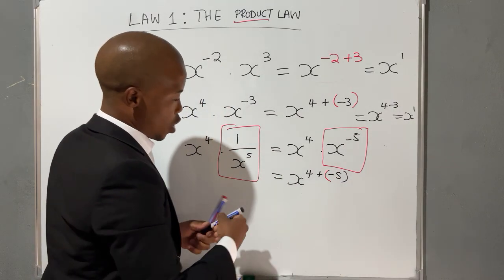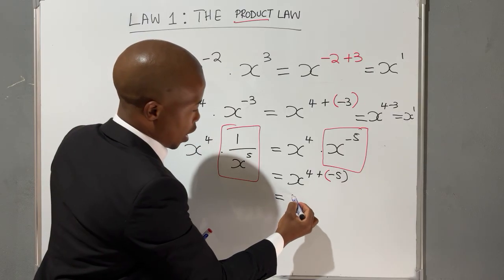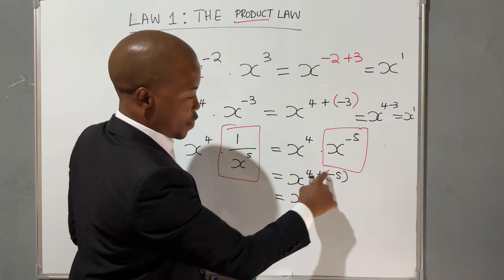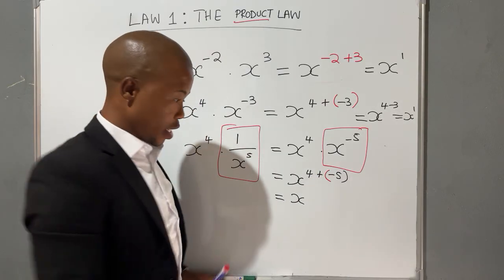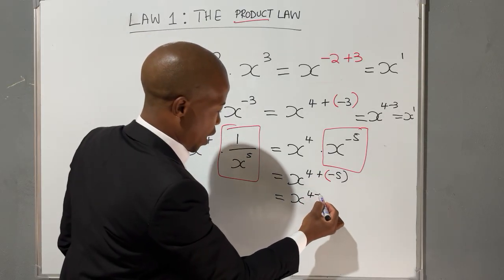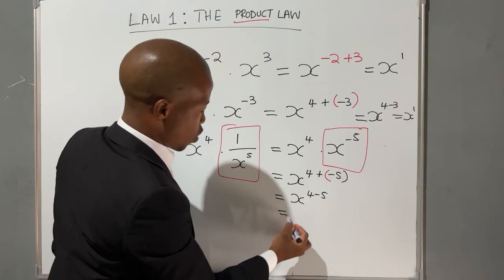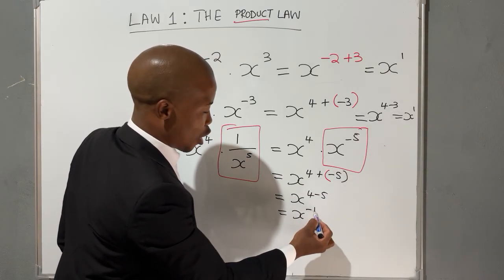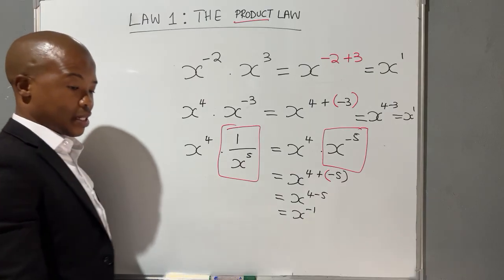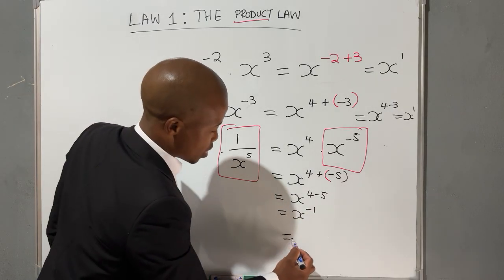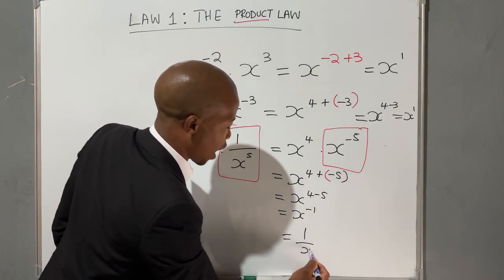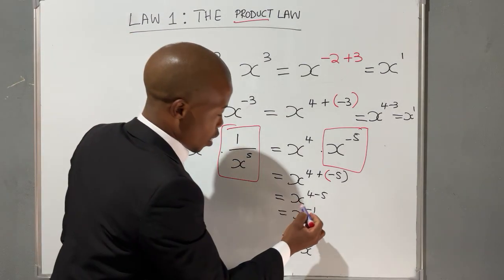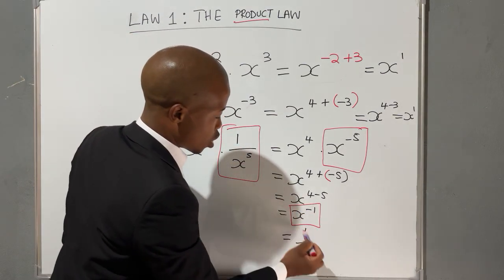And then we can say equals x, and positive times negative is going to give us negative, right? So we have 4 minus 5, which equals x to the exponent -1, of which you can write it like this, or you can write this as 1 over x. I am still going to explain how we got from here to here.